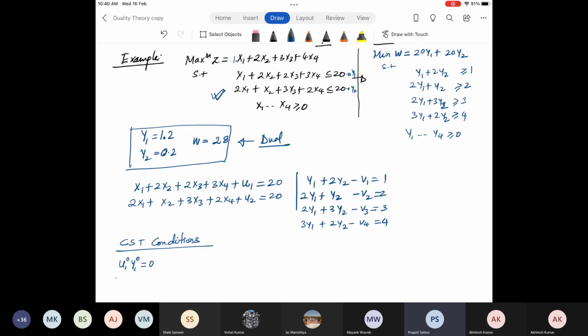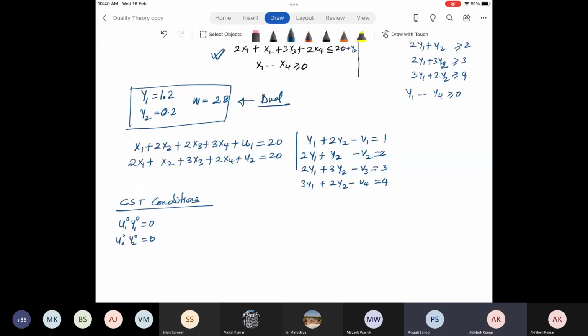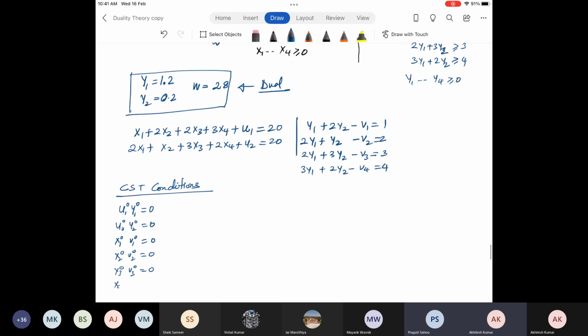Similarly, u2 into y2 equals 0. Then all x and v combinations should equal 0: x1 v1 equals 0, x2 v2 equals 0, x3 v3 equals 0, and x4 v4 equals 0.